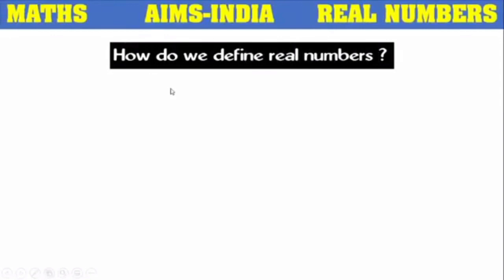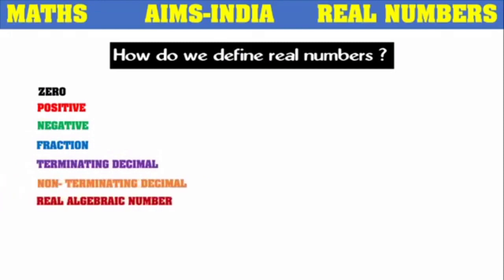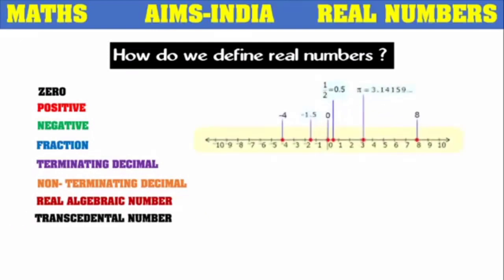Now let's see how we define real numbers. Real numbers means, as we have just discussed, it may be a zero, a positive number, a negative number, a fraction, a terminating decimal, a non-terminating decimal, a real algebraic number, a transcendental number. It may be any kind of number, but it can be represented on the number line.